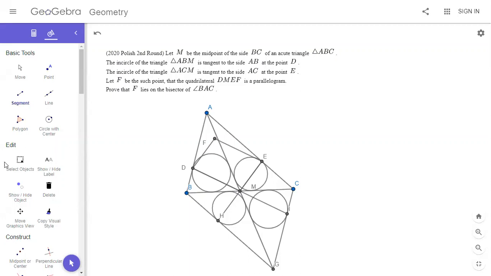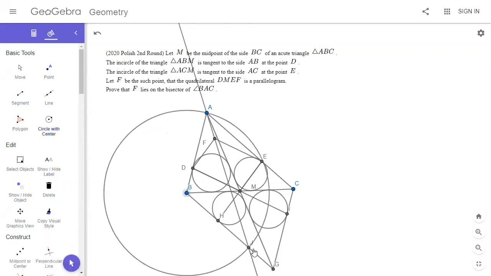So if F lies on the bisector of angle BAC, I think that means that the triangle ABJ would be isosceles. Yes.